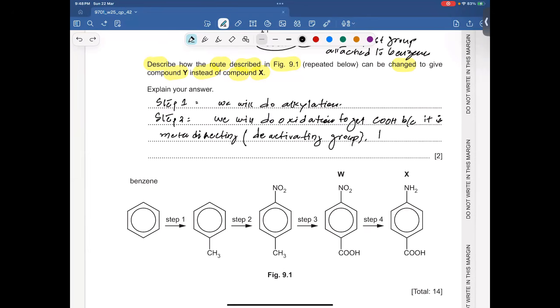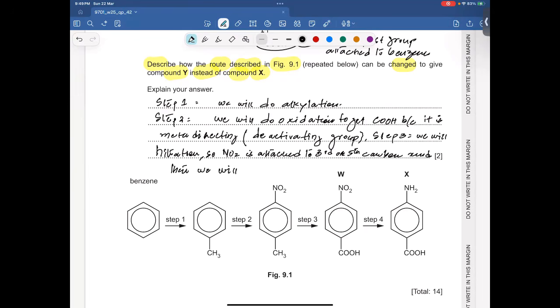In step 3, we will do nitration. So NO2 is attached to the third or fifth carbon. And then we'll do reduction.